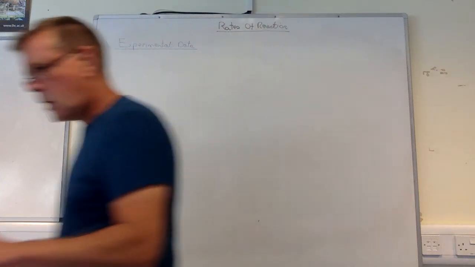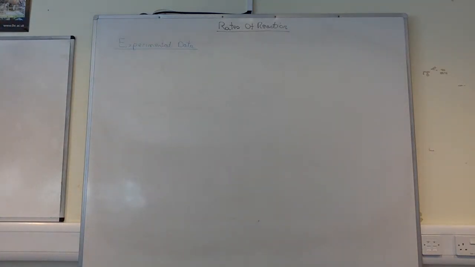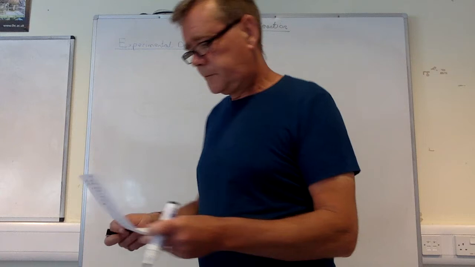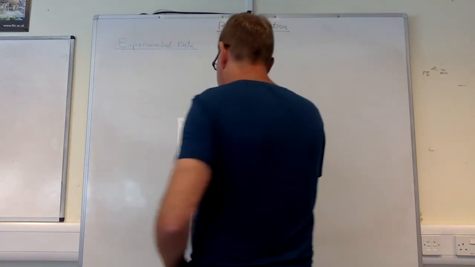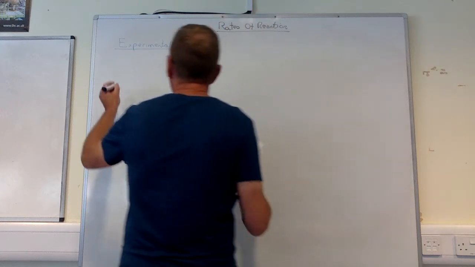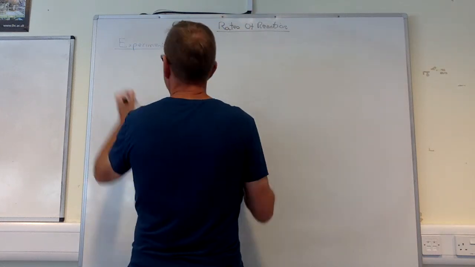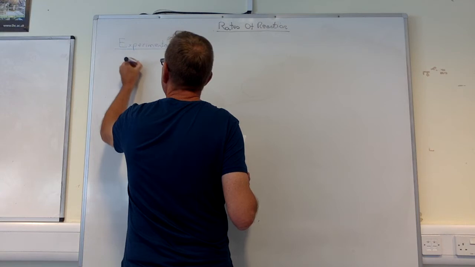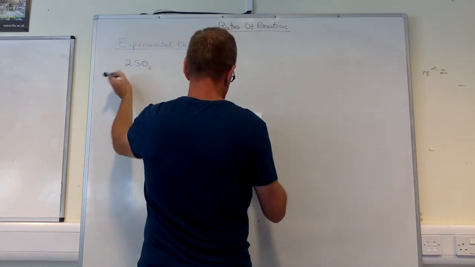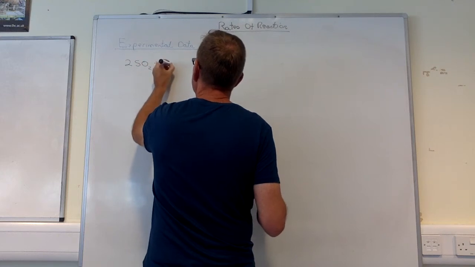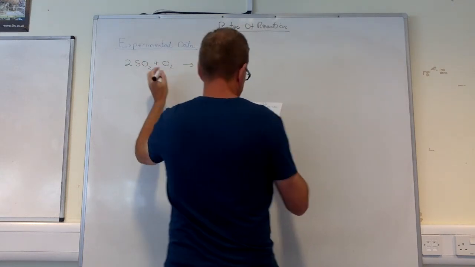Okay, so for example, we've seen these at AS, so you might have a reaction such as this, taken from an AS paper, right? Some reaction between sulfur dioxide and oxygen to make sulfur trioxide.